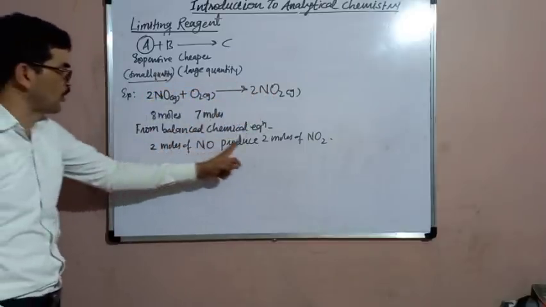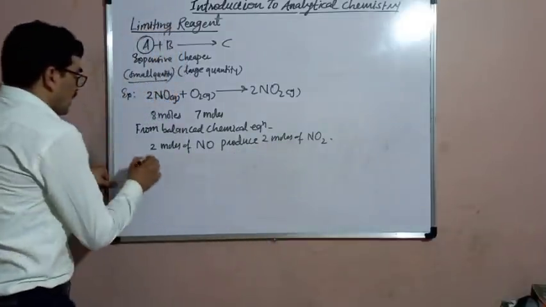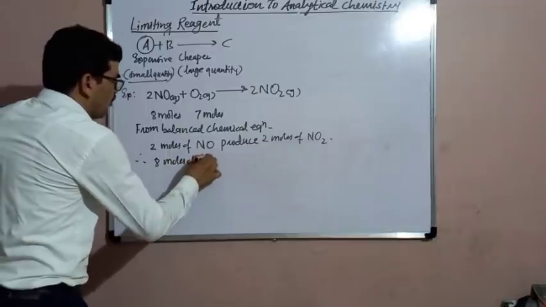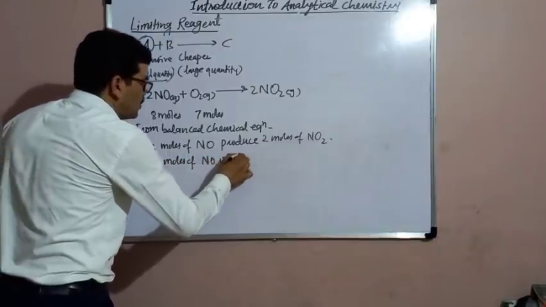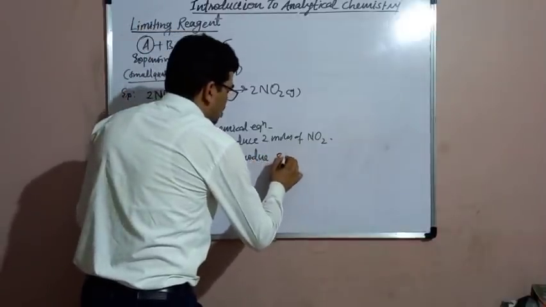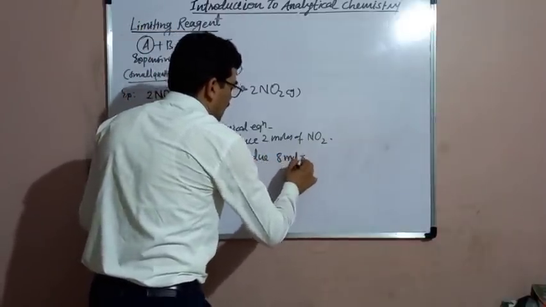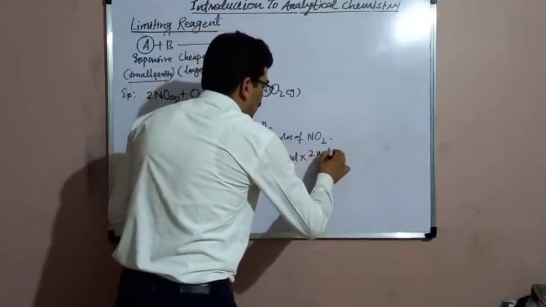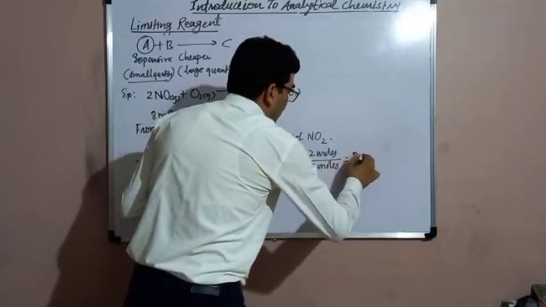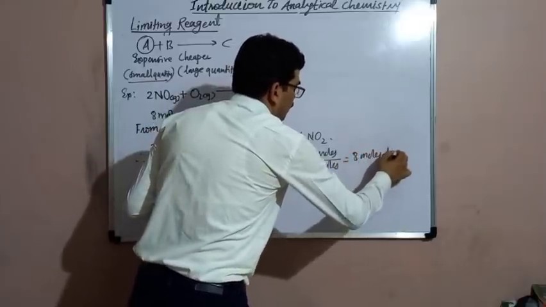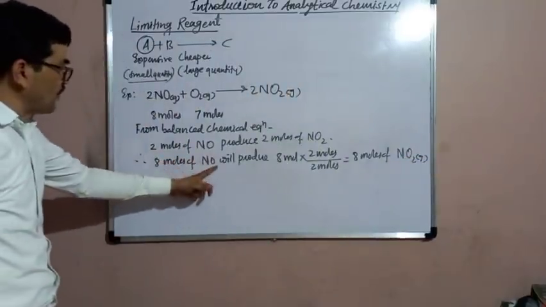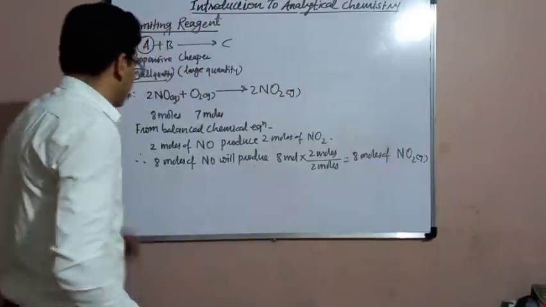So 2 moles of NO produces 2 moles of NO2. Therefore, 8 moles of NO will produce 8 moles times 2 moles upon 2 moles, equal to 8 moles of NO2. So 8 moles of NO will produce 8 moles of NO2.